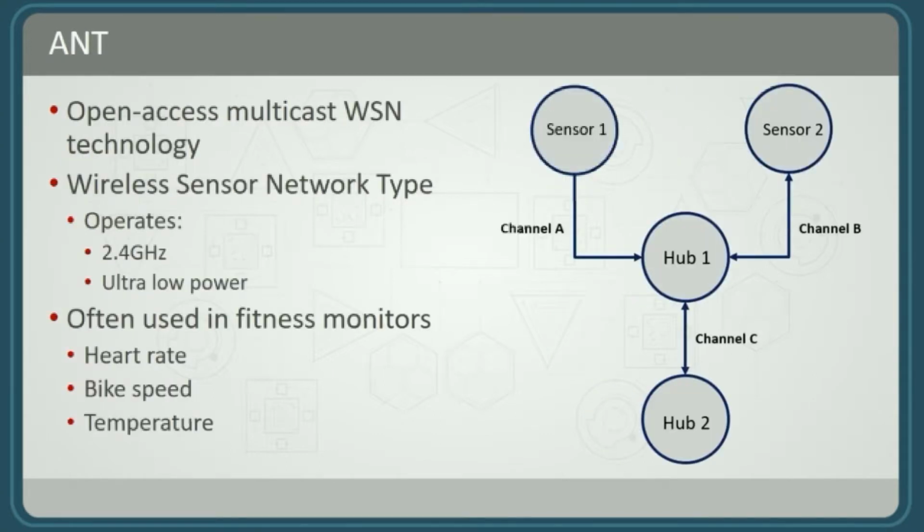ANT is an open access wireless services network technology that typically employs a sensor network type and operates at 2.4 gigahertz using ultra low power. So where you tend to see these are in fitness monitors, heart rate monitors, bike speed, temperature, things along those lines.